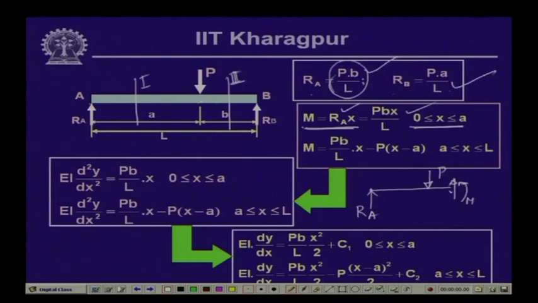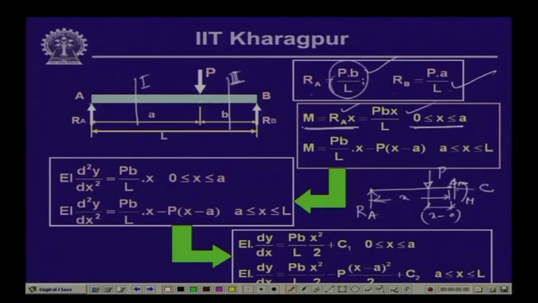This is the distance x from here, and this being A, this particular distance is x minus A. Let us call this cut point C.